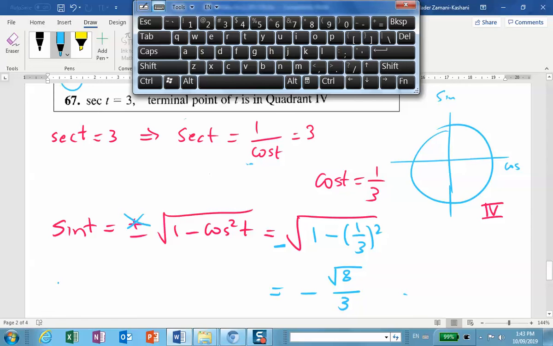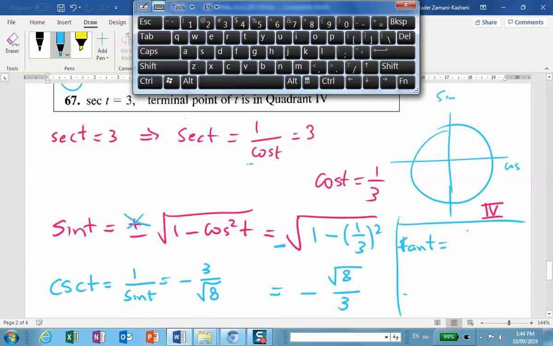And therefore, cosecant of t is equal to 1 over sine of t, and we just did the sine. It's going to be minus 3 over root 8. Let's do tangent on the side. Tangent of t, you just have to plug these things in. It's sine t over cosine t.